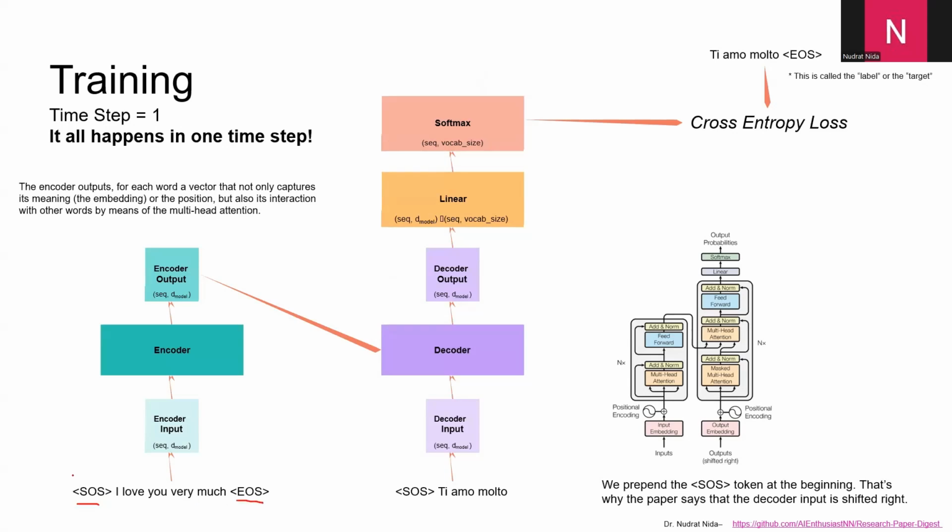These tags will help the transformer know where the sentence starts and where the sentence is going to end. So this sentence, "I love you very much", is input to the encoder, and the encoder will find the embedding using the positional encoding and vocabulary, and then find the embedding using sequence by D model. It will pass it to the encoder. The encoder will output sequence by D model.